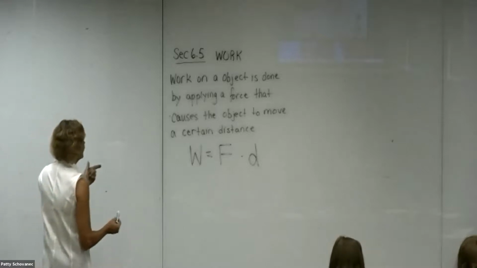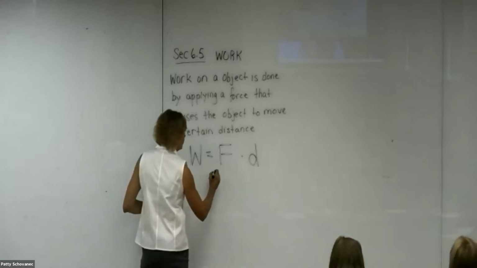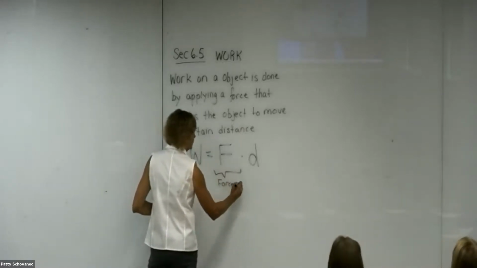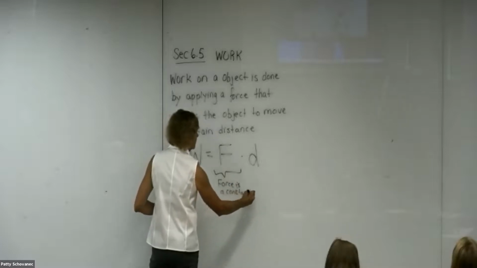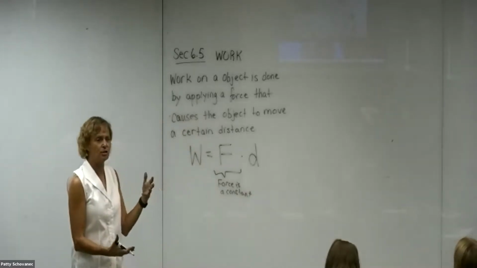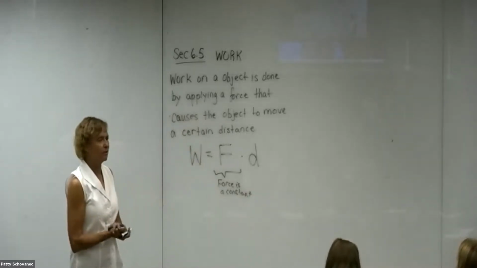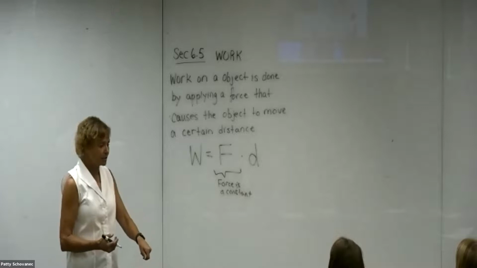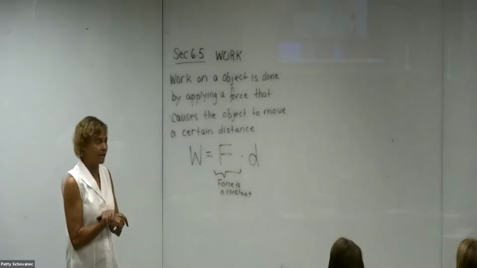So in this definition, force is constant, because my bag of potatoes didn't change its size or shape as I moved it. But if it was a leaking bucket of water instead of a bag of potatoes, then it's a different force applied to it as water has left the object.